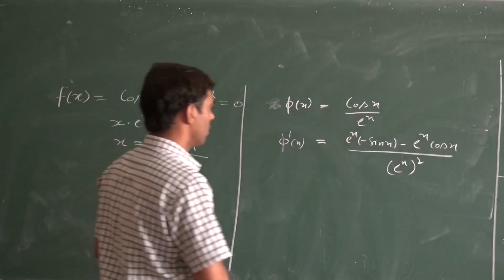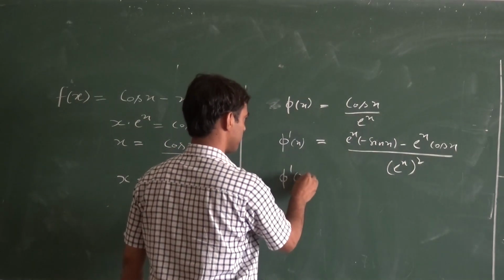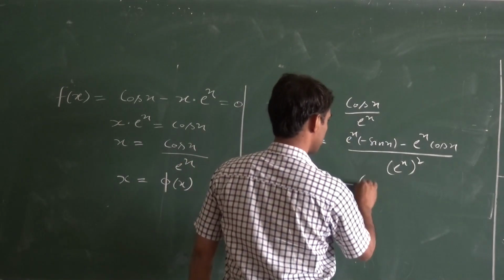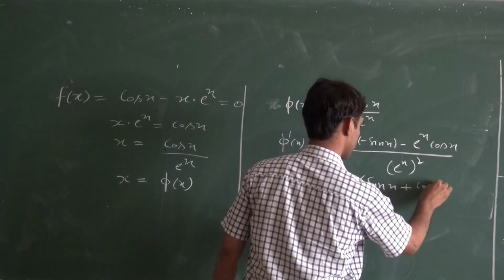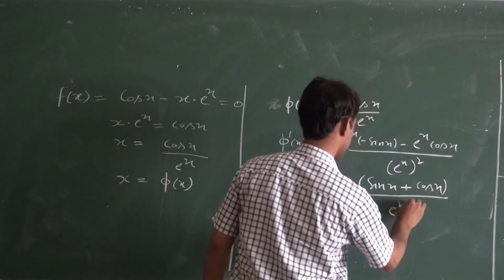So now if we simplify this, φ'(x) equals what? Minus of (sin x plus cos x) divided by e^x.